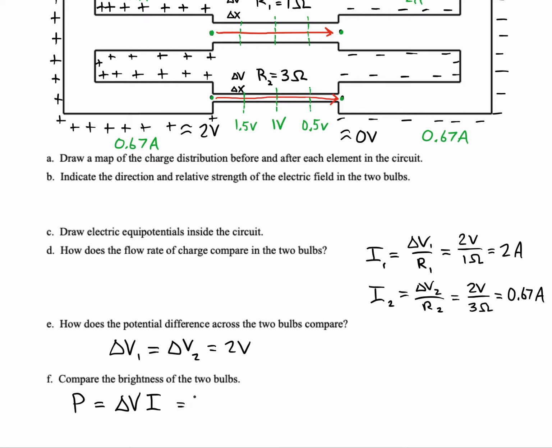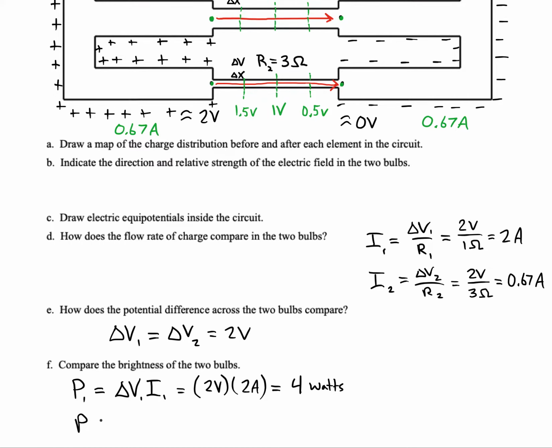So let's multiply for bulb 1, which had a 2-volt drop, and it has a current of 2 amps. That would give us a power of 4 watts. Now let's find the power of bulb 2. Two-volt drop, but a small current.